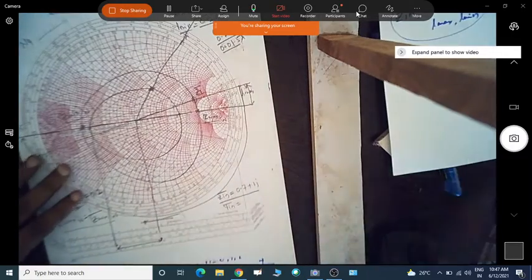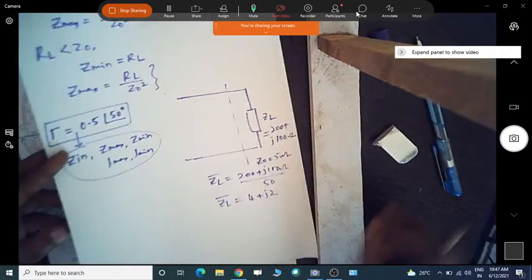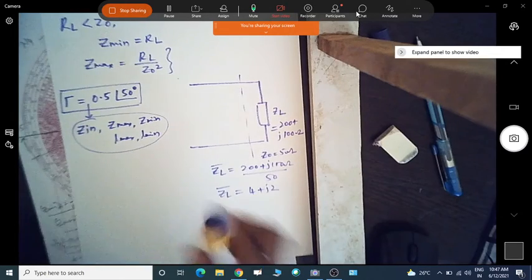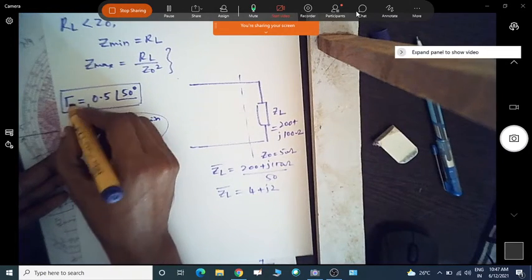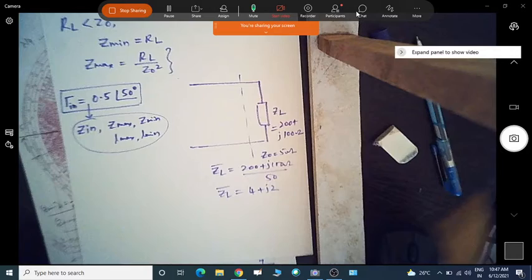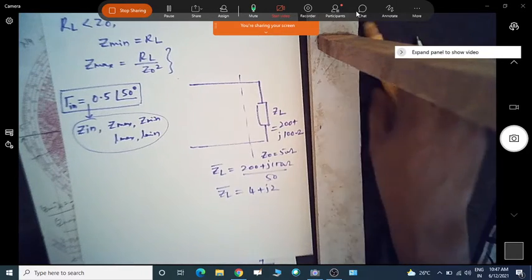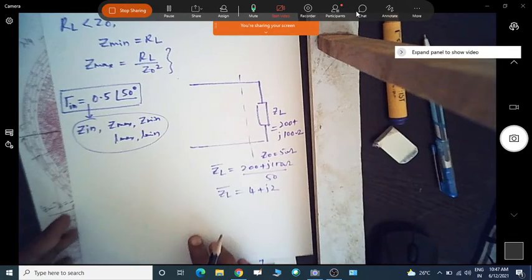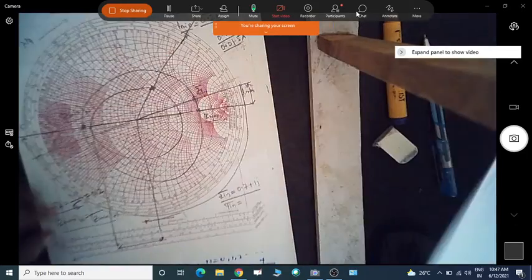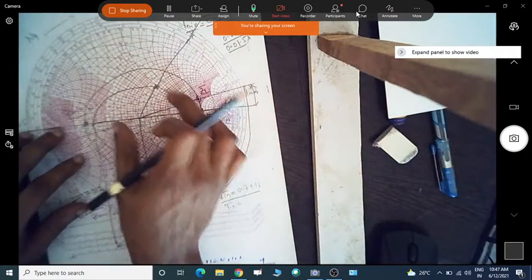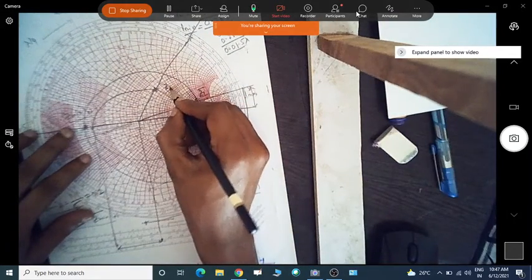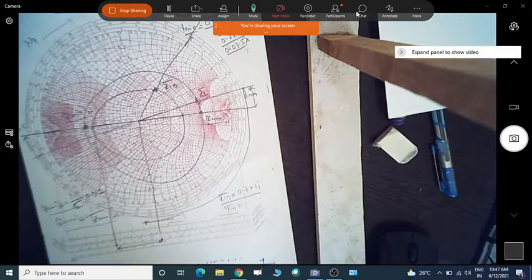Let us take this as the gamma in, because sometimes they will give gamma out also, that is gamma L. Let us take the problem which is gamma in. So now we have plotted gamma in, and this point gives the normalized input impedance.